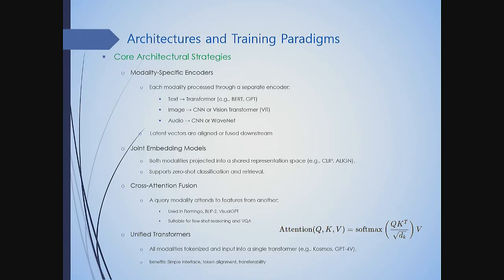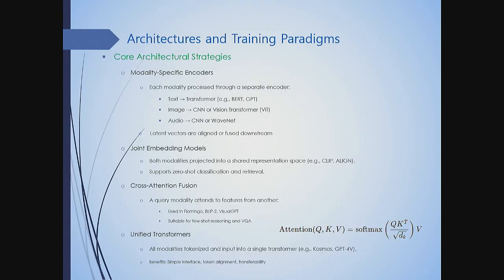Another strategy is the joint embedding, where both modalities are projected into a shared representation. In this case, it supports zero-shot classification or retrieval processes that we saw already. Another one is cross-attention fusion, which is defined in the attention mechanism.